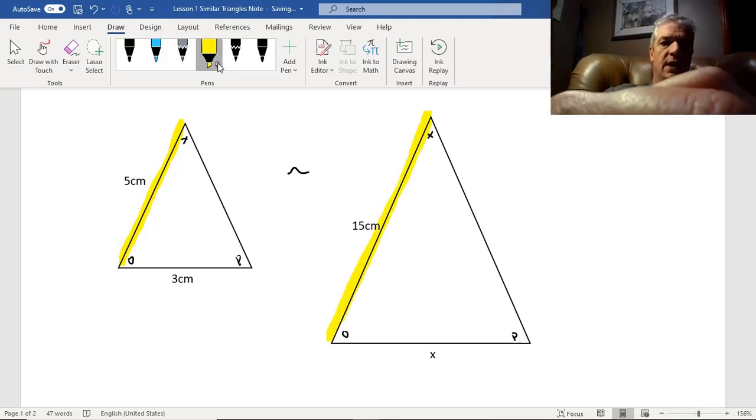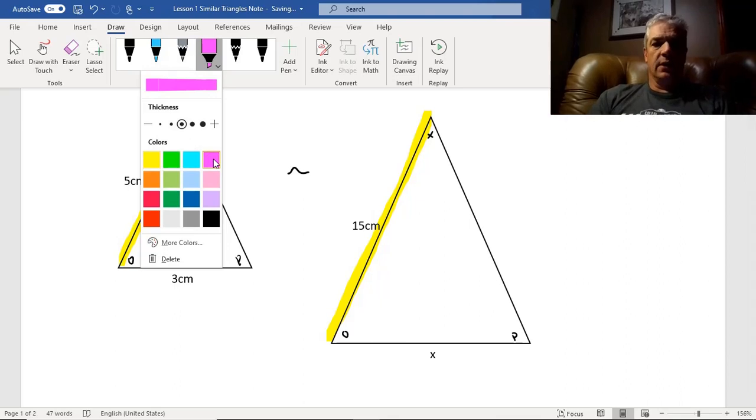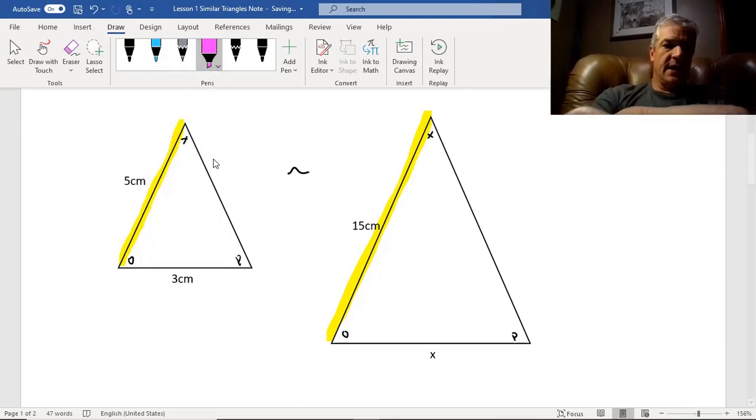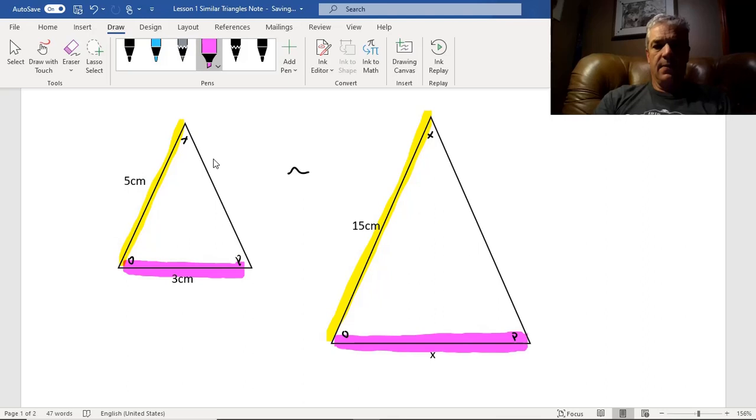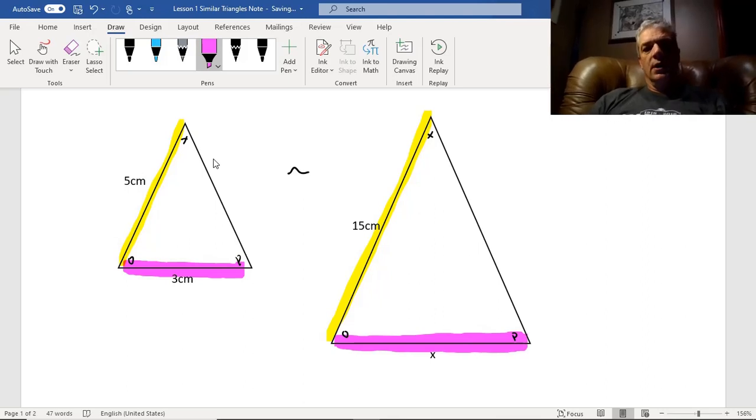Then I can change my color to a different color, whichever one you want, and say this side here is similar and corresponding to this side here. Now, I don't really need to mark the third side because it becomes obvious now that I've got two sides done, but if you have a third colored highlighter and you want to highlight it, that's great, do it.